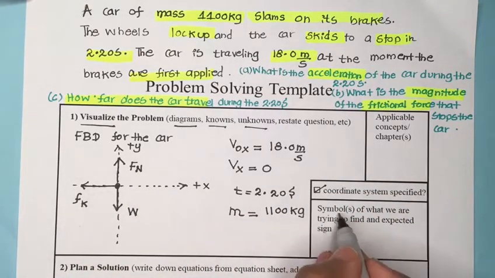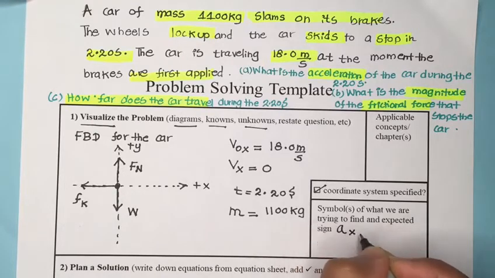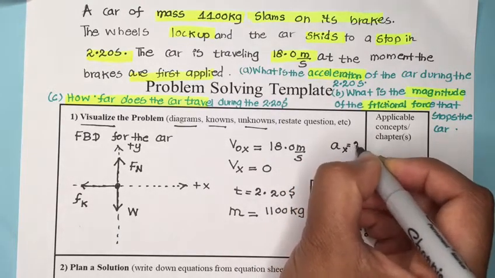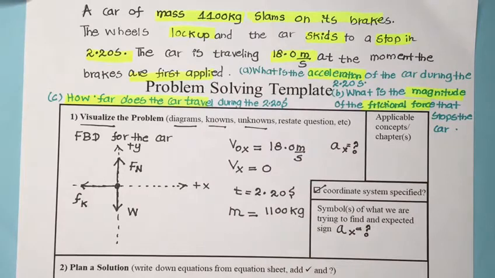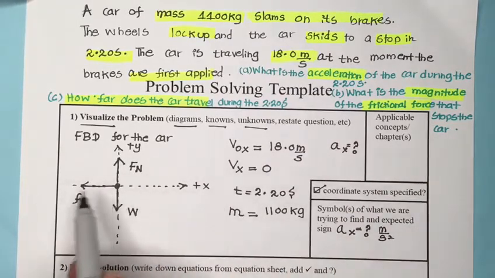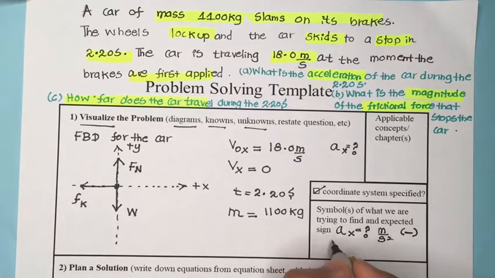Again, we have specified the coordinates, and we are trying to calculate the acceleration of the car, and the acceleration is in the x direction because the car is moving in the x direction. We expect a negative value for the acceleration because the net force is acting to the left.